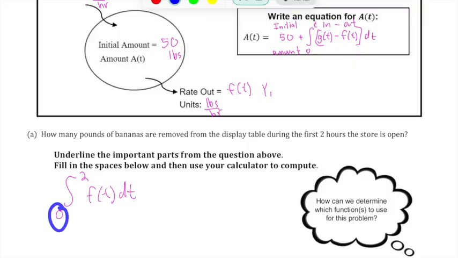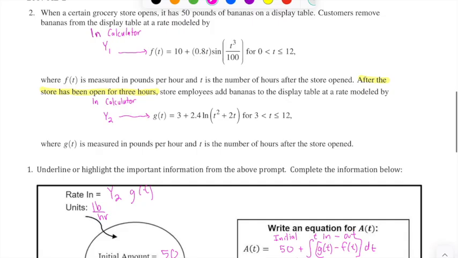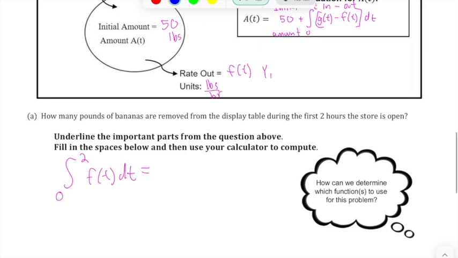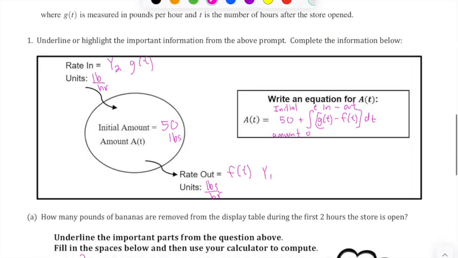Because that's from when it opens to 2 hours after it opens, the function represents the amount of bananas that are removed. We're just going to do this in our calculator. We do not want to do this integral by hand. So let's go to our calculator, and this function in our calculator is Y1.